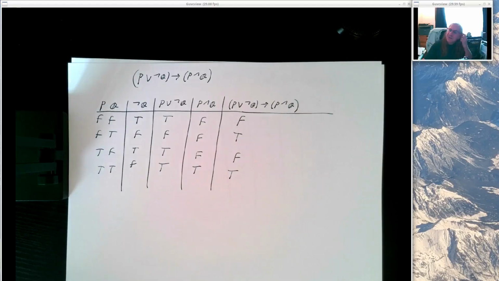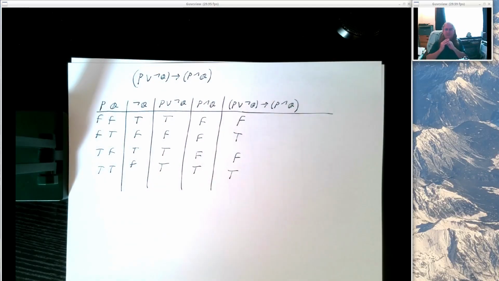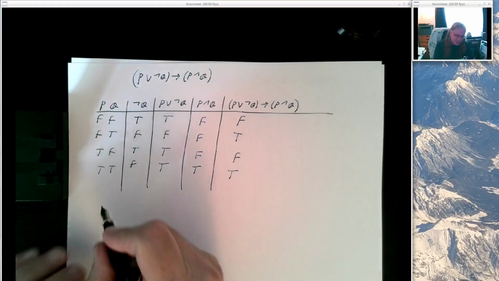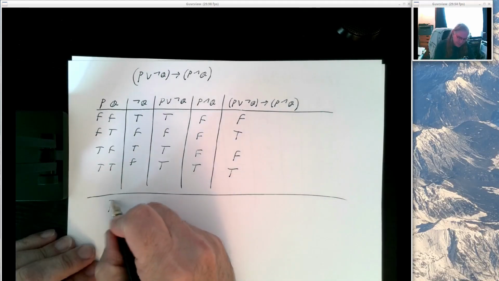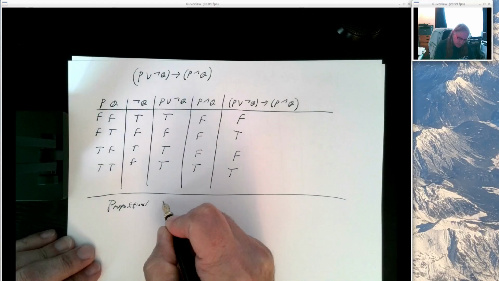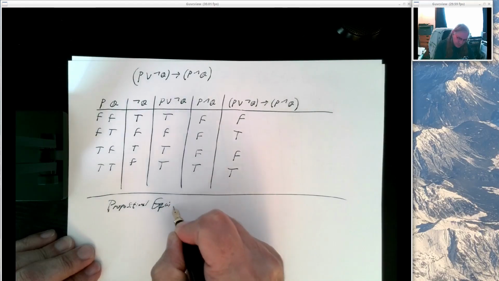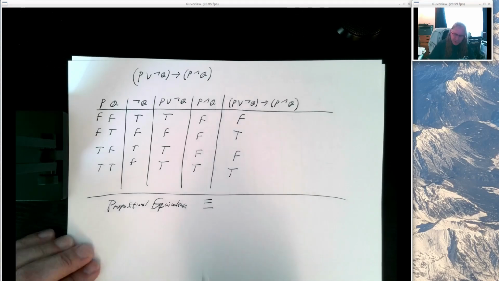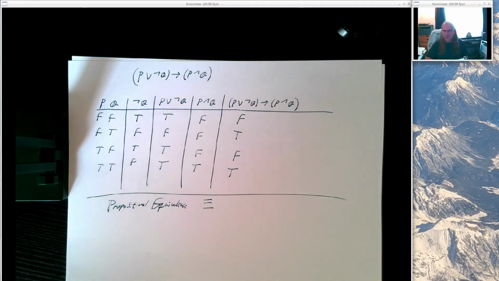Last thing with these if then statements, last thing with these truth tables is this idea of propositional equivalence. And remember, we said we use these three horizontal bars, this big equal sign, to mean two things are logically the same in all cases.